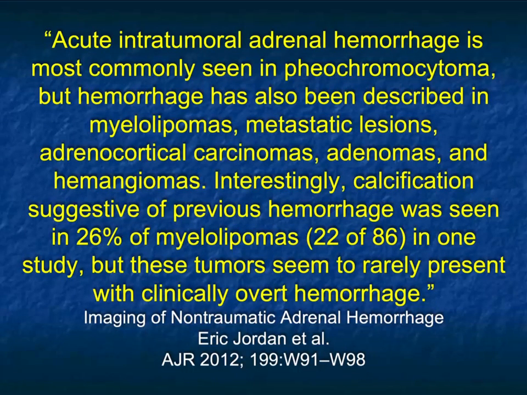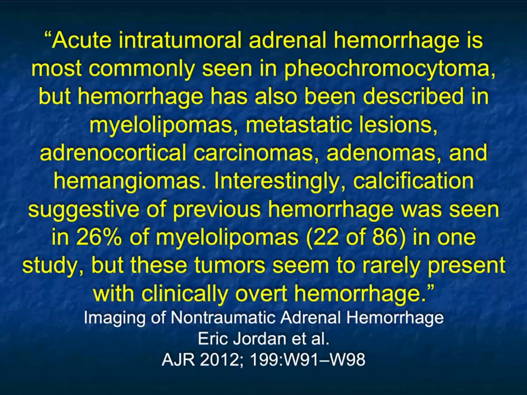In this article by Jordan, Imaging of Non-Traumatic Adrenal Hemorrhage, some good points. Acute intratumoral hemorrhage, most commonly seen in PHEOs, but again goes through the things we just went over: myelolipomas, METs, ACC, adenomas, and hemangiomas.